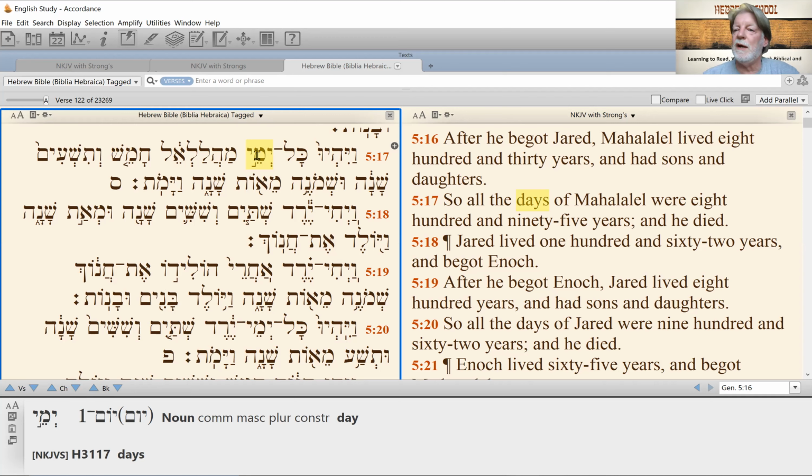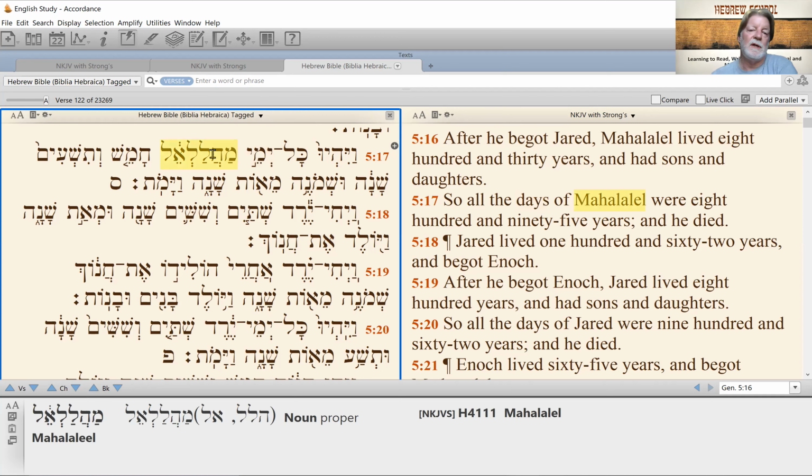The context there indicates that those were legitimate days, and Exodus 20, the 10 commandments and the Sabbath commandment, confirms that. So this is just one of those weird things about Hebrew that somebody who's been reading it for 30 years knows. So all the days of Mahalalel, I know that means years. And that's what comes afterwards here.